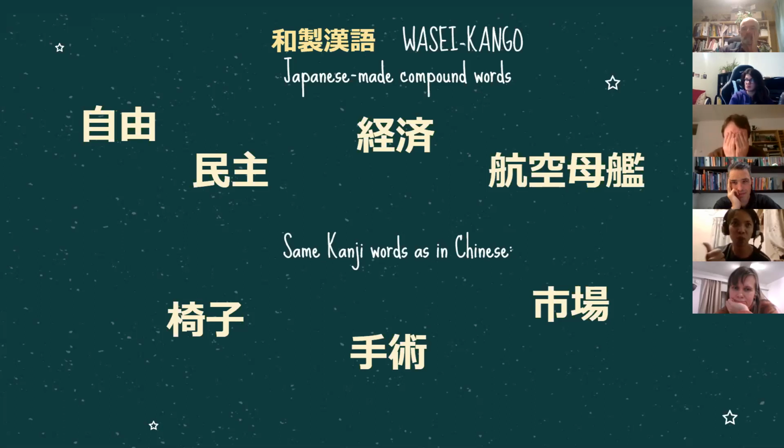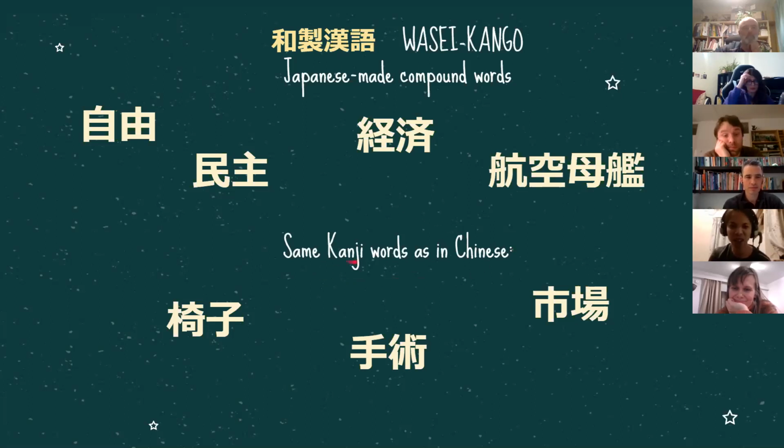So the Japanese translators had to create new compound words using existing kanji characters. So they have jiyu for freedom, minshu for democracy, keizai for economic, and kokubokan for aircraft carriers. And later, these translations were adopted by Chinese translators, and they are incorporated into the modern Chinese language.